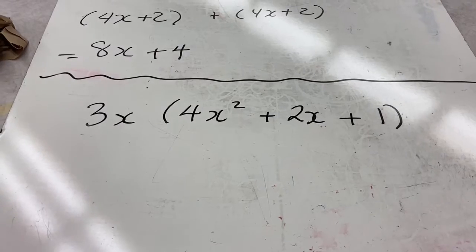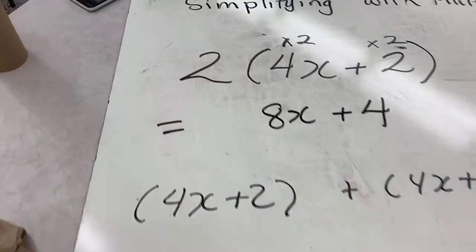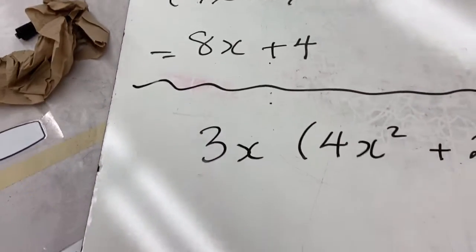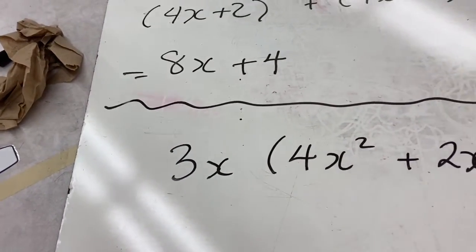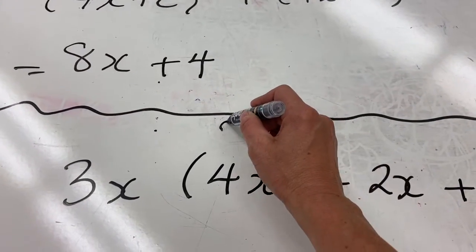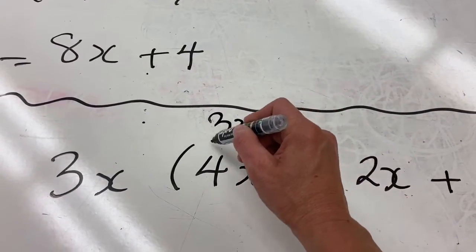Okay, so sometimes in front of the bracket, I don't just have a number, I have a number and a letter, which means that I want to multiply everything inside the bracket by that number and that letter.